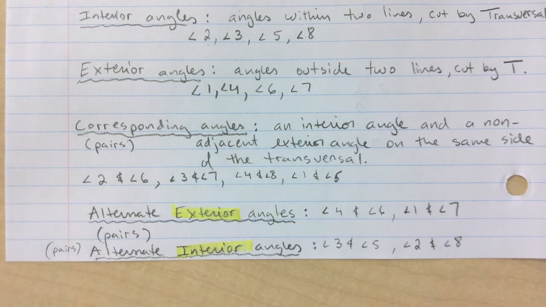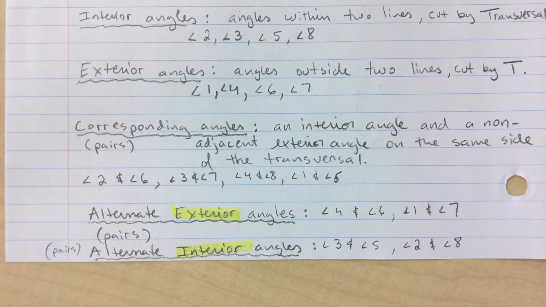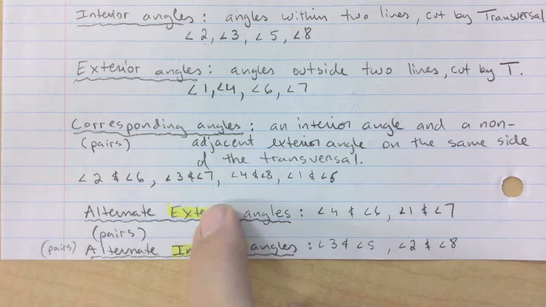So a question would be, state all the interior angle pairs, or just the interior angles in this diagram. You'd have to just grab the right ones and identify, okay, these two are alternate interior, these two are alternate interior. I could ask you, state all the alternate exterior angles in this diagram. You have to go grab the right ones and just know what alternate means. Oh, it's a cross and they're both on the outside.